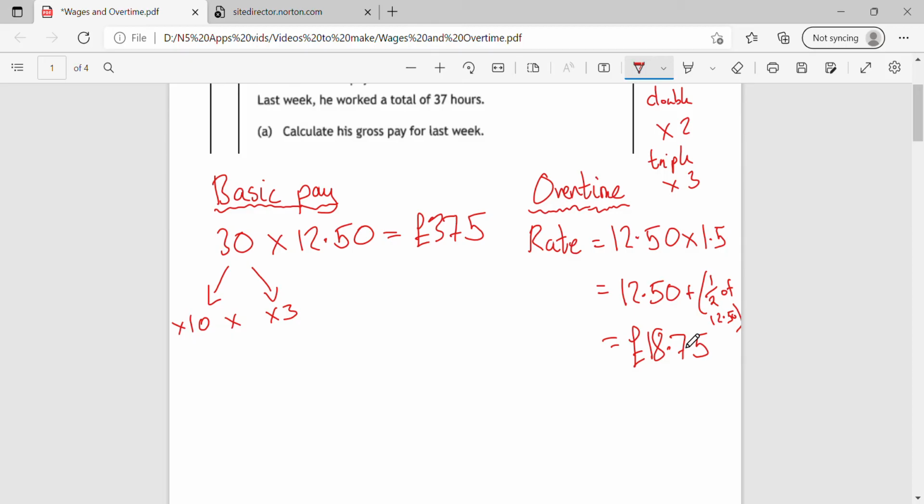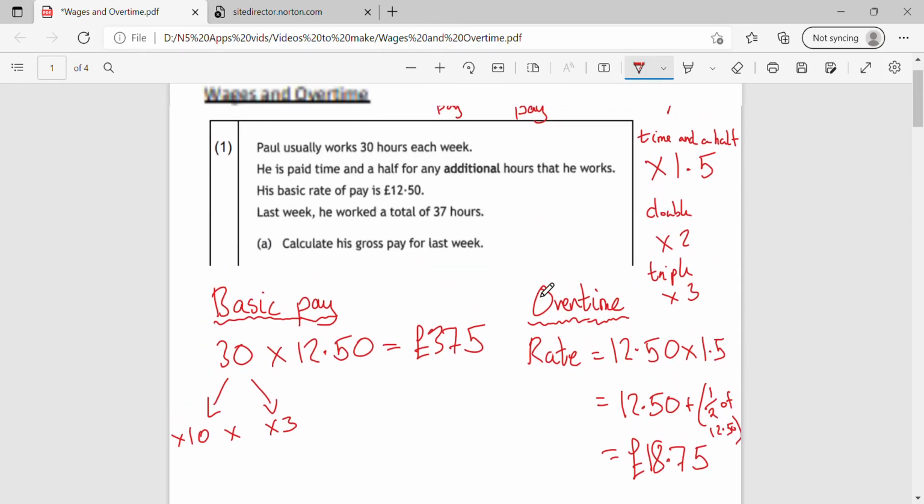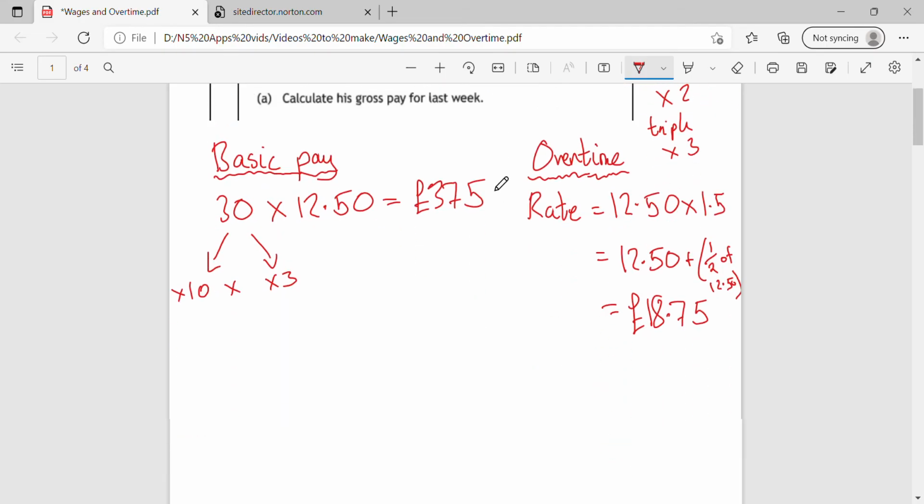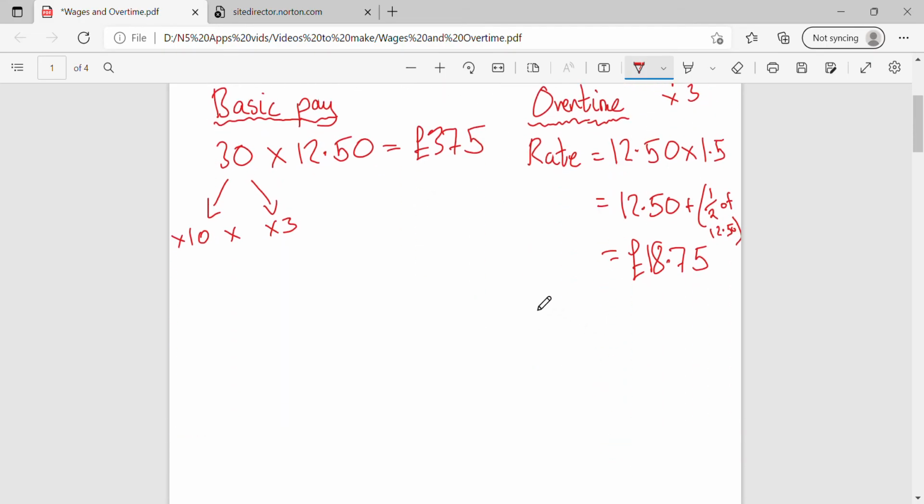So that's what the rate is, and they worked 30 hours normally, 7 hours of overtime, because they worked 37 hours this week. So we need to account for those 7 hours. So it's going to be 7 times £18.75. If you can't do that in your head, just set it out as a sum. So we set that out as a sum.